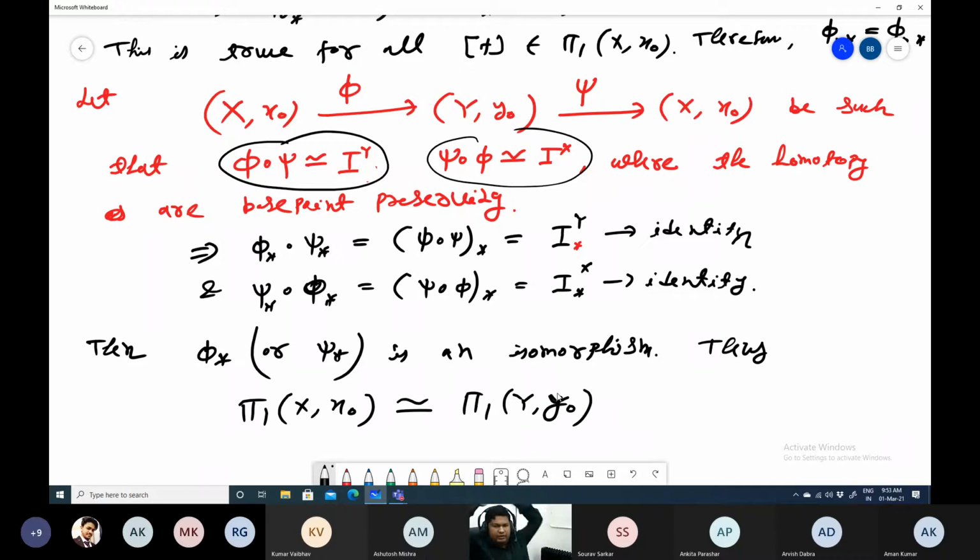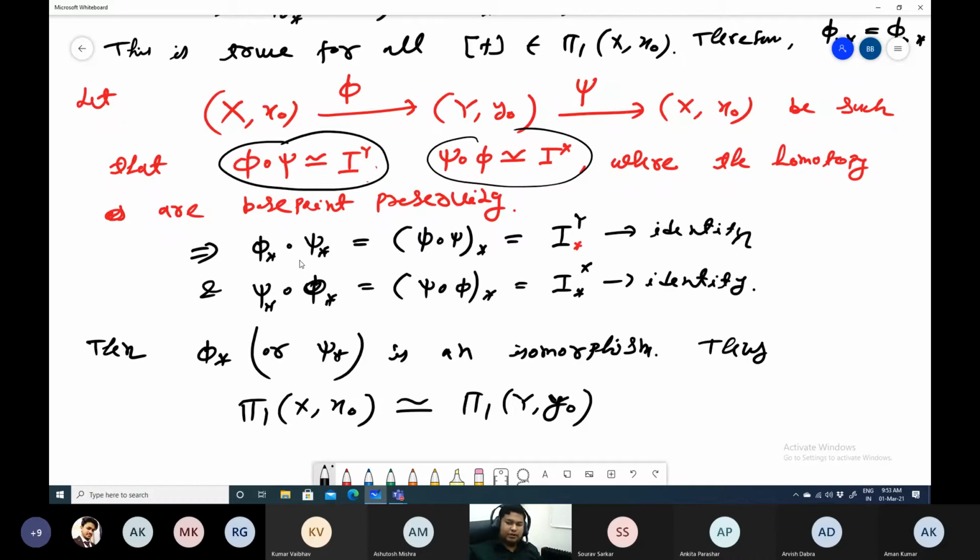Now is that clear? If phi and psi are two maps such that they are homotopic to the identity, and this homotopy is base point preserving, then we see that this star equals I star. We have seen that this is identity and this is also identity. So therefore phi star is an isomorphism. Why? Because they are identity, they are homeomorphisms, so they are injective as well as surjective.